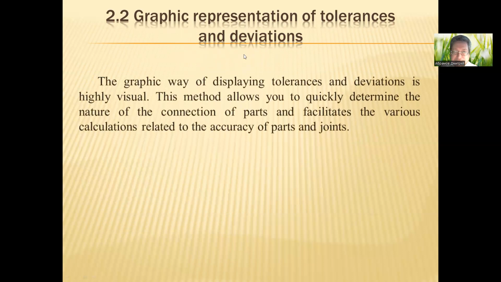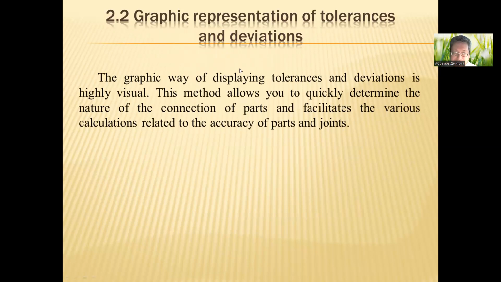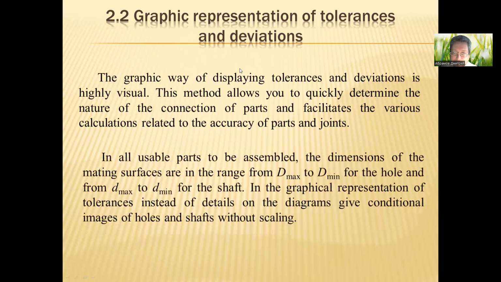Graphic representation of tolerances and deviations. The graphic way of displaying tolerances and deviations is highly visual. This method allows you to quickly determine the nature of the connection of parts and facilitates the various calculations related to the accuracy of parts and joints.